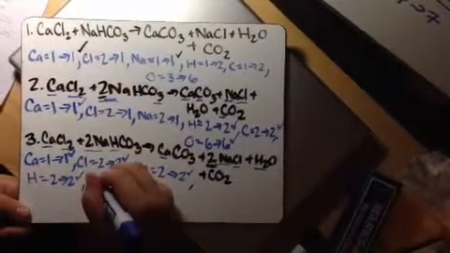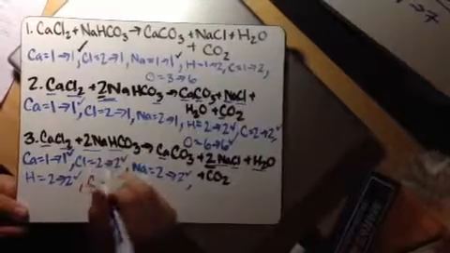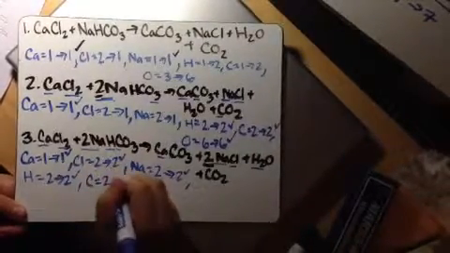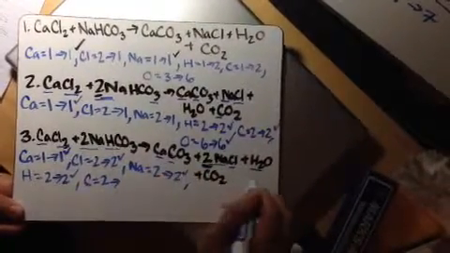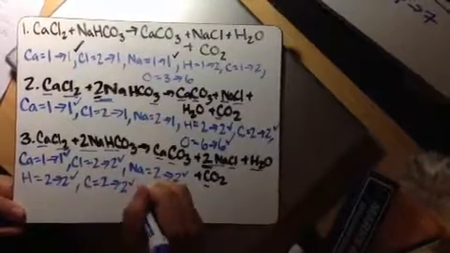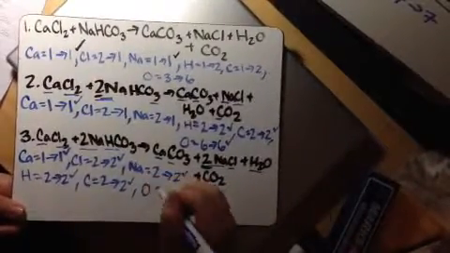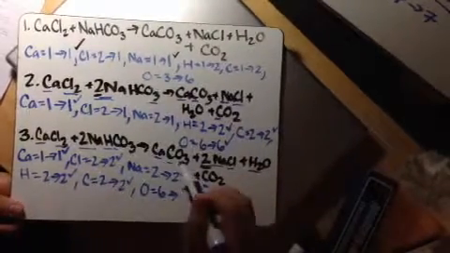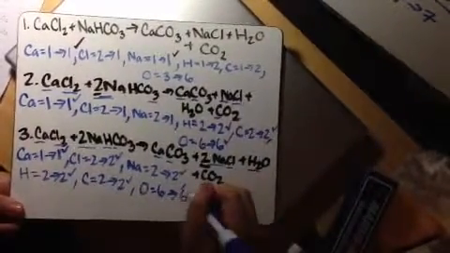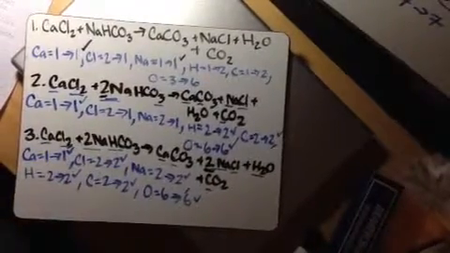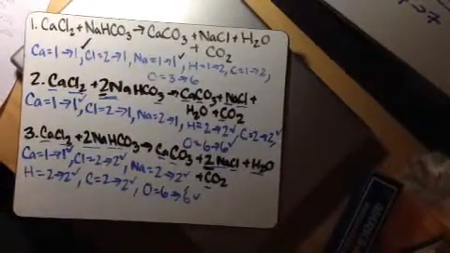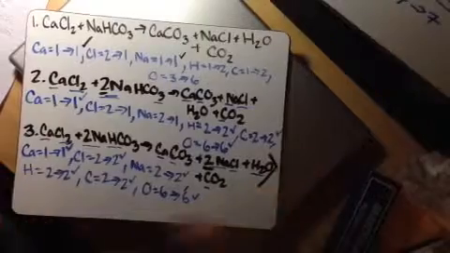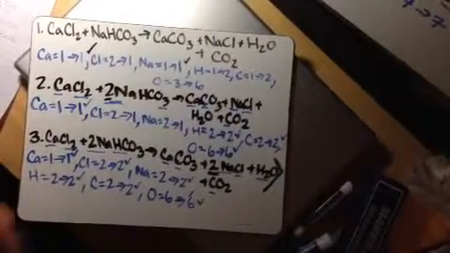Perfect. For C, we've got 2 to 1, 2. Perfect. And our last one, oxygen, we've got 6 to 2, 3, 4, 5, 6. Awesome. So here in step 3 is our balanced equation. And that's it.